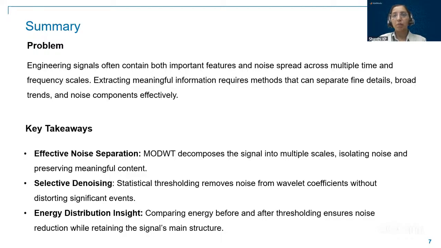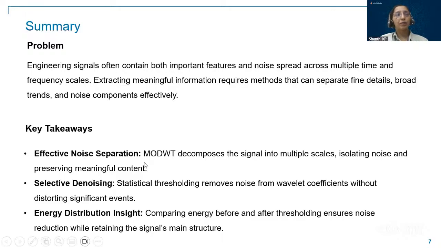We used multi-resolution analysis to remove noise, and in the multi-resolution analysis technique, we used the MODWT technique, which is more related to the discrete wavelet transform. And the key takeaways are we saw an effective noise separation using this MODWT decomposition. MODWT decomposes the signal into multiple scales, which isolates noise and preserves meaningful content.